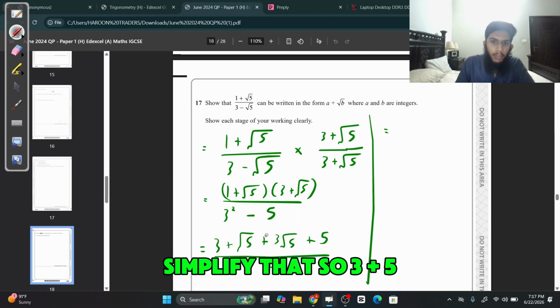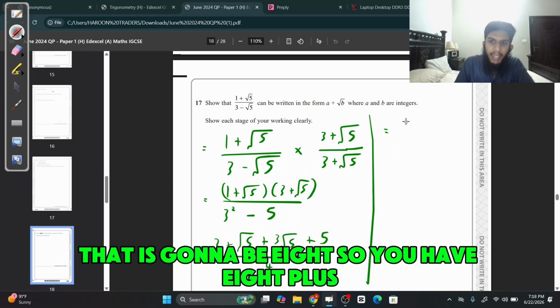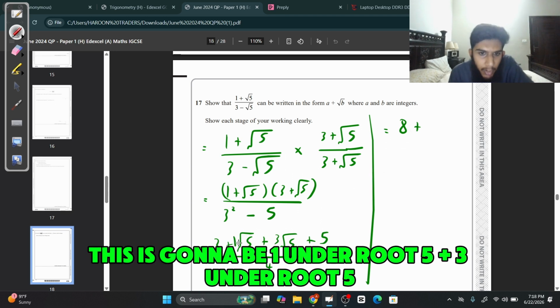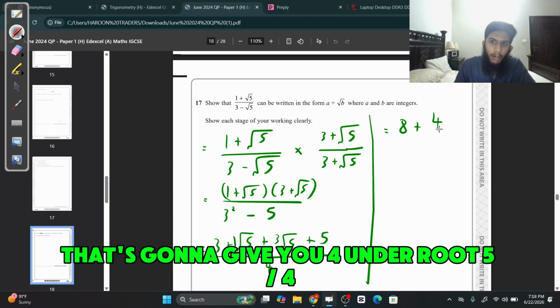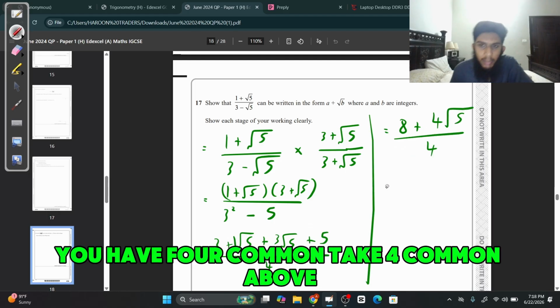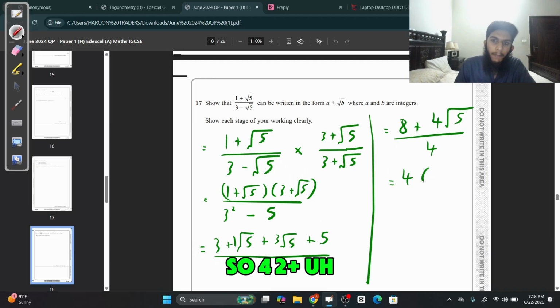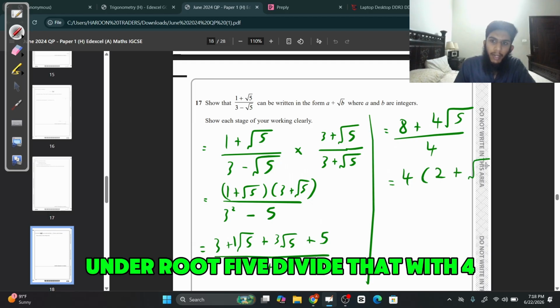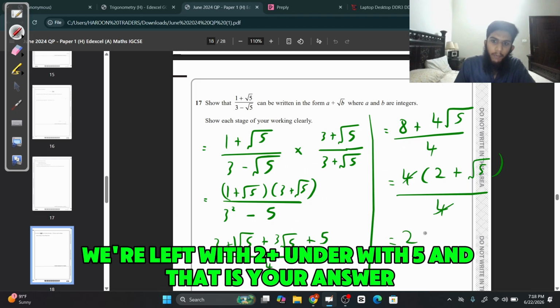Simplify that. So 3 plus 5, that is going to be 8. So you have 8 plus 1 under root 5 plus 3 under root 5. That's going to give you 4 under root 5, divided by 4. You have 4 common. Take 4 common above. So 4 times 2 plus under root 5, divide that with 4. Take the 4 out. We're left with 2 plus under root 5. And that is your answer.